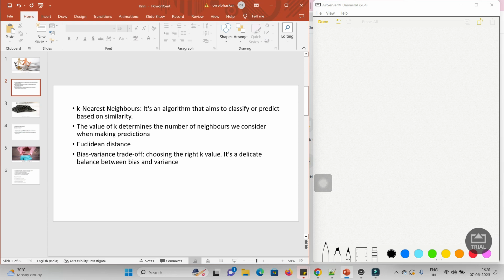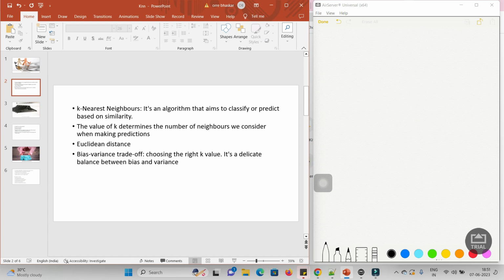In the case of KNN, bias can occur when the model makes assumptions about the underlying data distribution. With KNN, the bias tends to be low because the algorithm doesn't make strong assumptions about the data. Instead, it relies on the local neighborhood to make the predictions based on similarity.